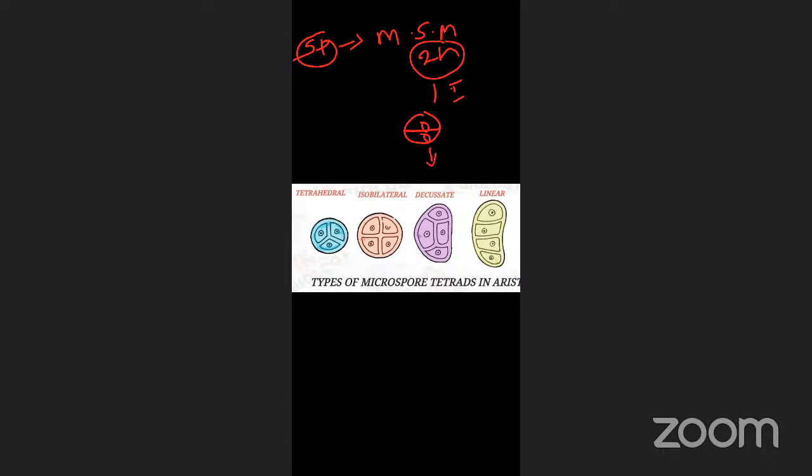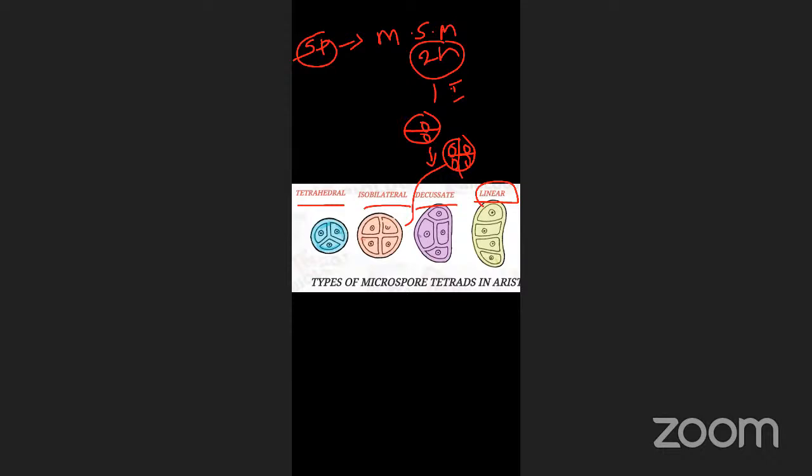Meiosis 2, another two nuclei formed. This is the whole concept, right? But the formation is different. Maybe it is a tetrahedral type or isobilateral type like this. This is isobilateral type, or decussate type, or linear type. Majorly, four types of microsporogenesis arrangement occur.